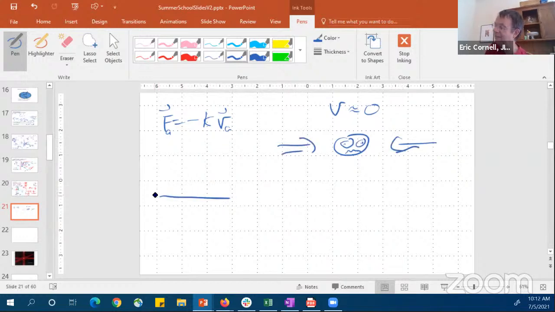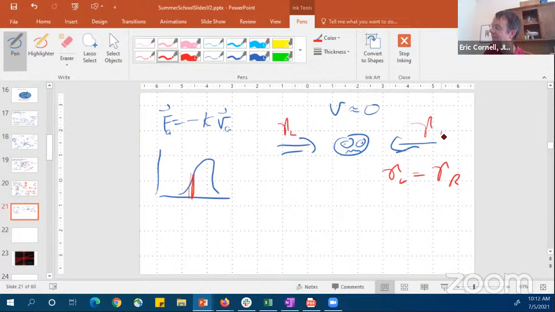If I look at that same plot of the resonance curve of the atom, there's the laser, and these two, from the right side and left side, are more or less right on top of each other. Basically, gamma L is equal to gamma R at this point. The scattering from the left is equal to the scattering from the right.